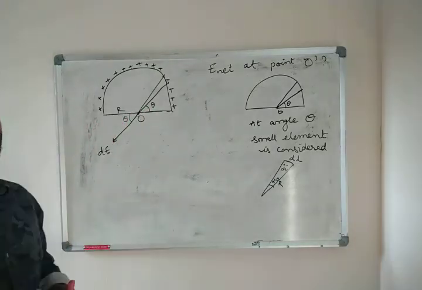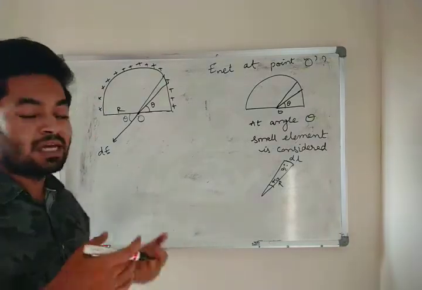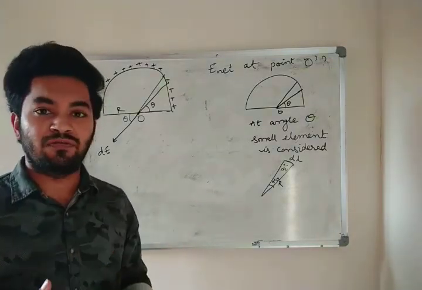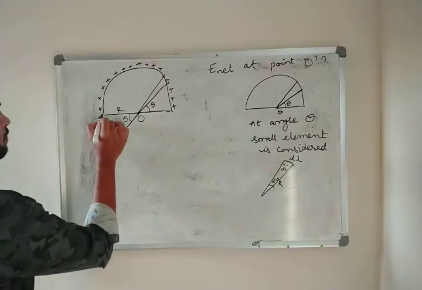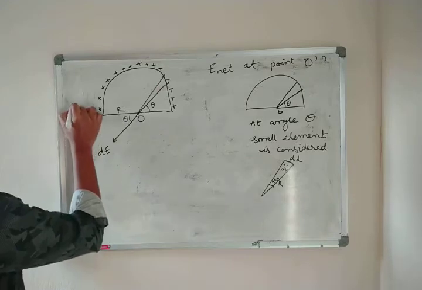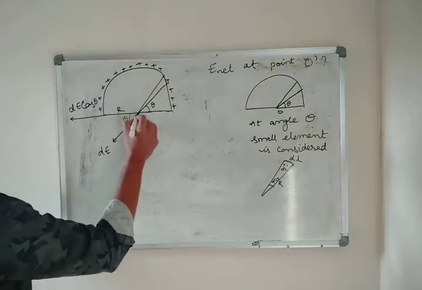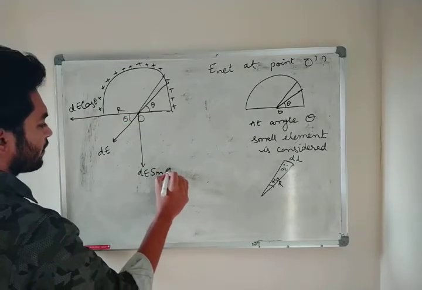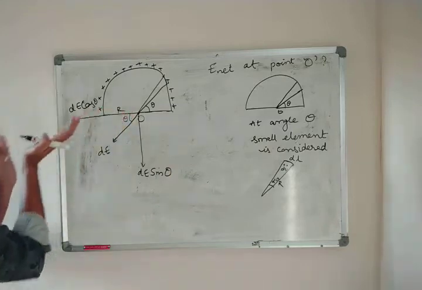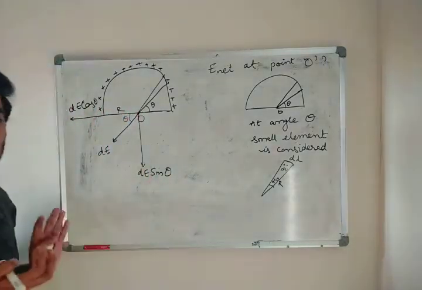Now, wherever you find an angle, you have to do resolution of vectors. You know what resolution of vectors is? So this will become dE cos theta, and this is going to become dE sin theta. Towards the angle it is dE cos theta, and perpendicular to that it is dE sin theta.